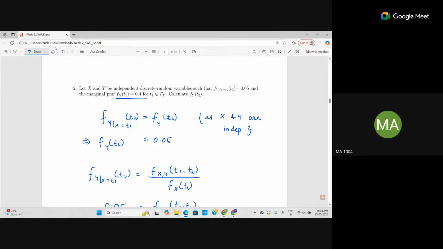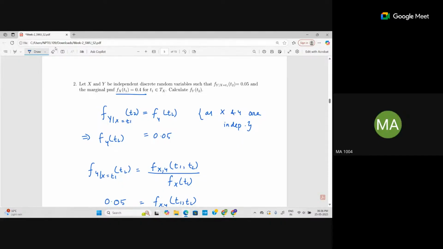Yes, ma'am, got it. So the PMF for y given x, this probability will be equal to the marginal probability of y. So from here we can directly find this value, and this value is given to us in the question.